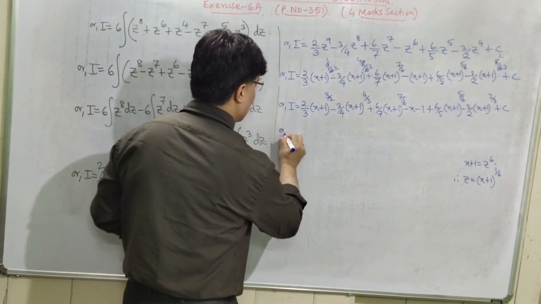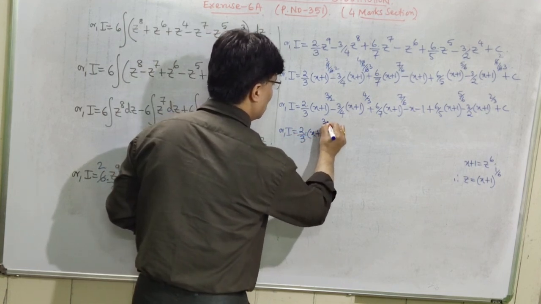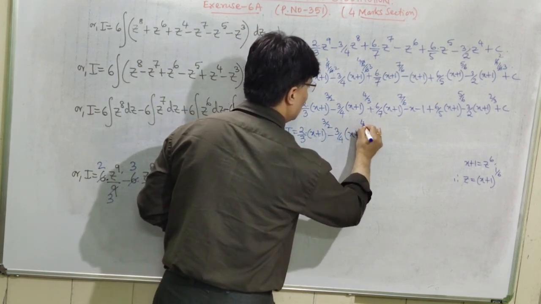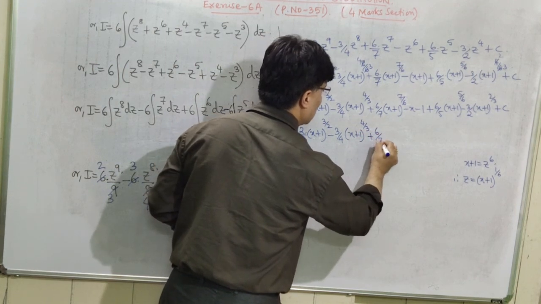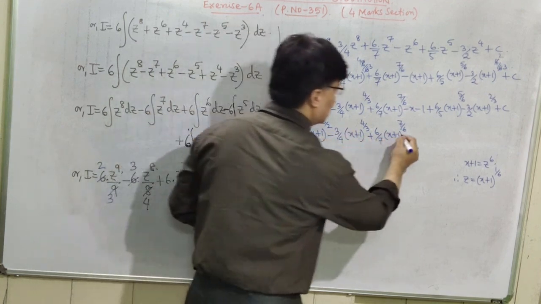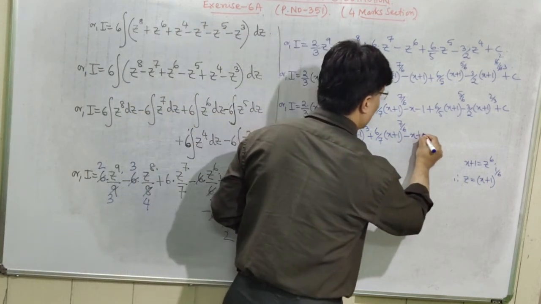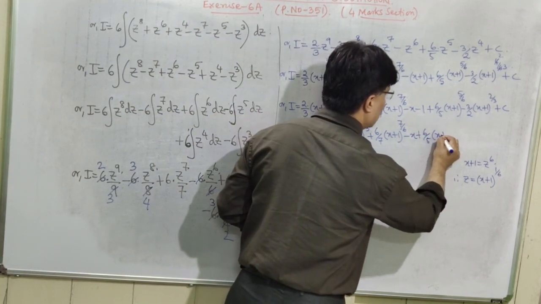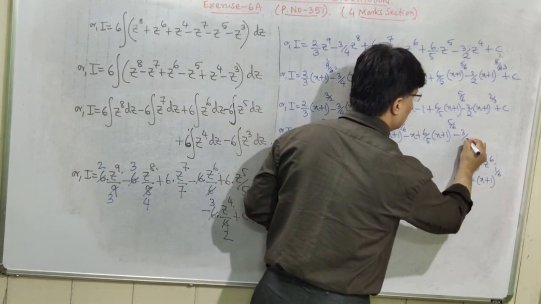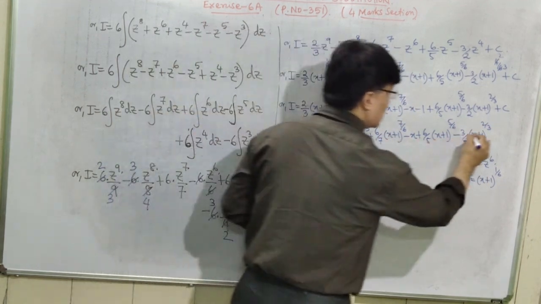Okay? So in the next step, what is the final answer now? 2 by 3 x plus 1 whole to the power 3 by 2 minus 3 by 4 x plus 1 whole to the power 4 by 3 plus 6 by 7 x plus 1 whole to the power 7 by 6, then minus x, don't write this minus 1 because c is already written there, plus this is 6 by 5 x plus 1 whole to the power 5 by 6, okay, minus 3 by 2 x plus 1 whole to the power 2 by 3, then what is the last one?